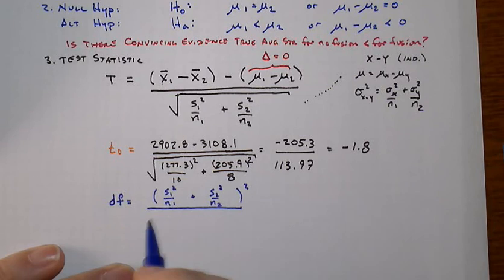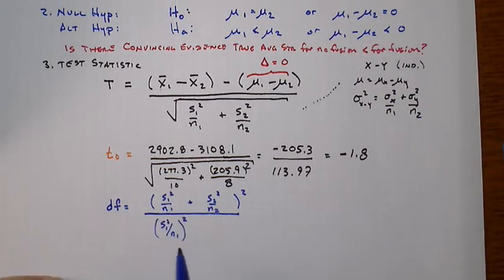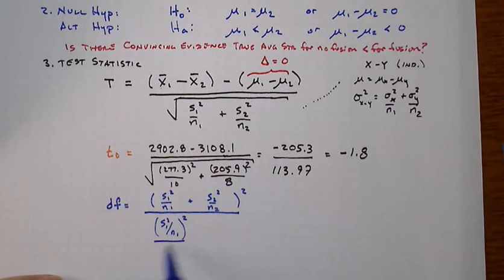Then down in the denominator we'll have S1 squared over N1, individually squared and divided by N1 minus 1, plus a similar expression for the second population.